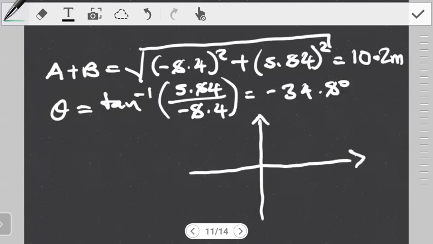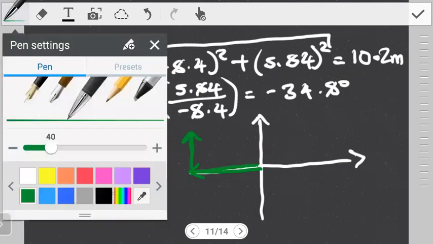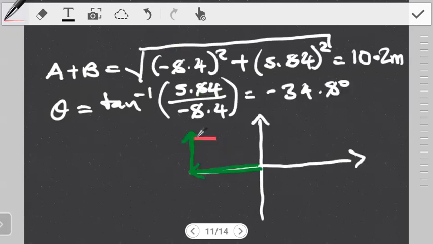In this case, the x component is negative, meaning that the x component is in this direction. The y component is positive, implying that this component is in this direction. So in other words, the vector A plus B is actually this one, going in that direction. This is the vector A plus B.